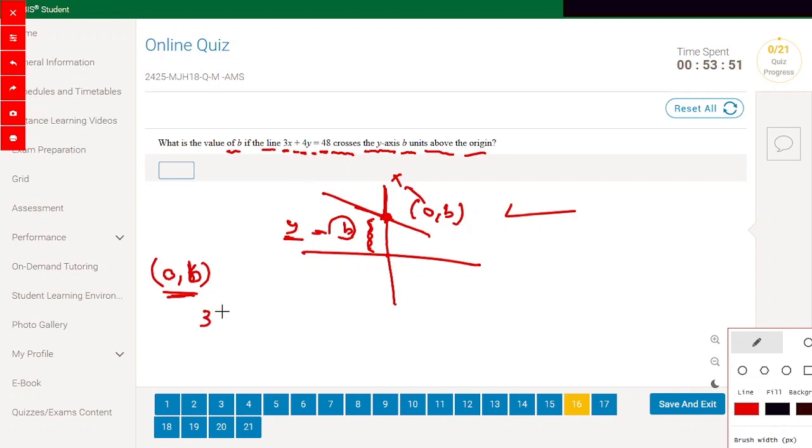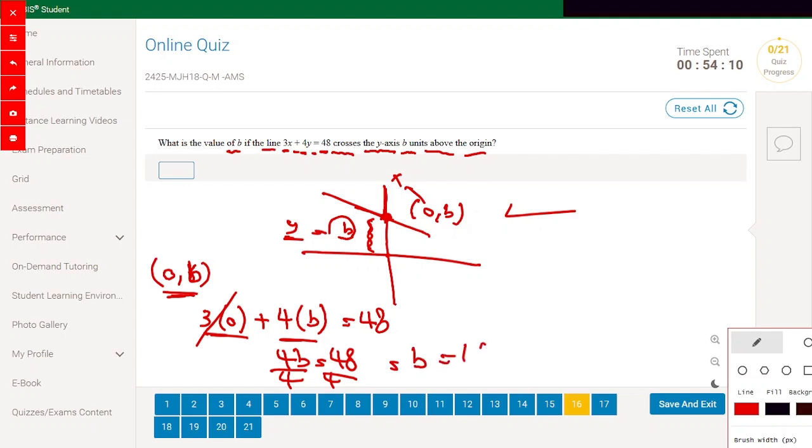We'll have 3 multiplied by 0 plus 4 multiplied by b equals 48. So I have 4b equals 48. Divide by 4 and divide by 4. So b will be equal to 12. So the point at which the line is crossing is 0 and 12. Okay.